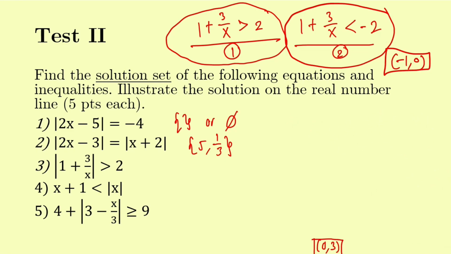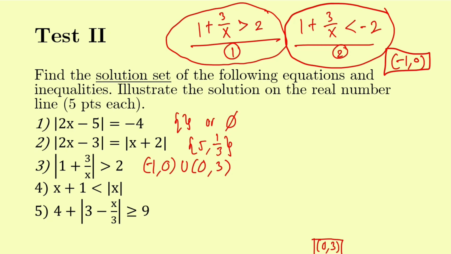Ang ating sagot ay negative 1, 0, union 0, 3. Well, actually, this is an interval notation. Okay? So, yung ibang ginagawa nila is x is an element of negative 1, 0, union 0, 3. Pwede rin yun.